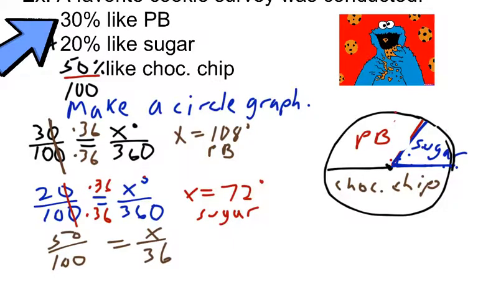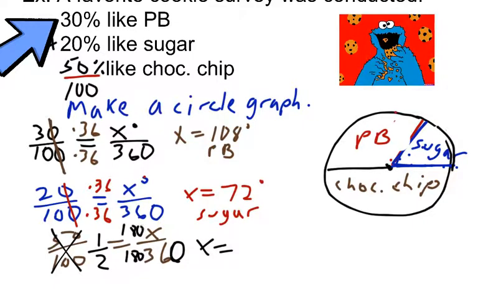I could reduce 50 out of 100 to 1 over 2, because 50 is half of 100. And then 2 will go into 360 180 times. 1 times 180 gives us 180 for x. I obviously forgot this 0, whoops. So it would be 180, my bad.